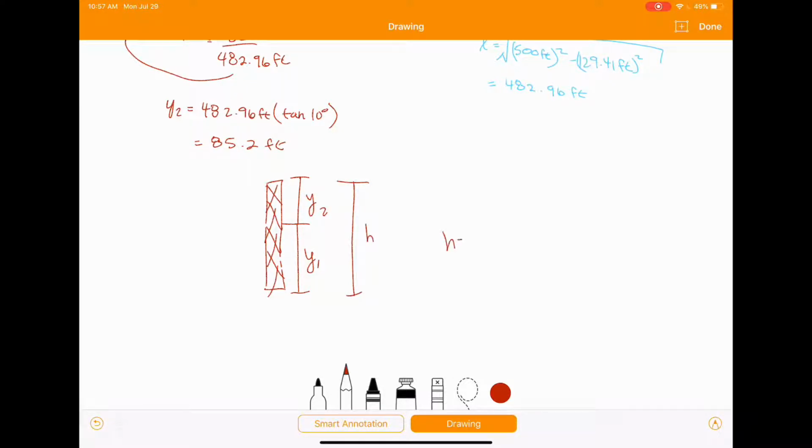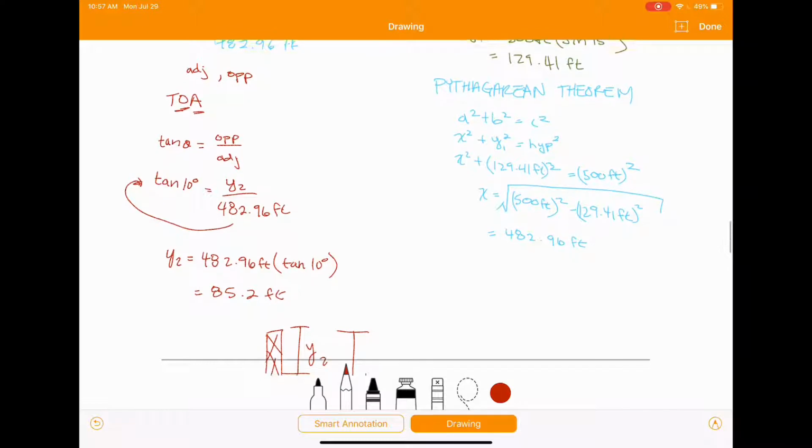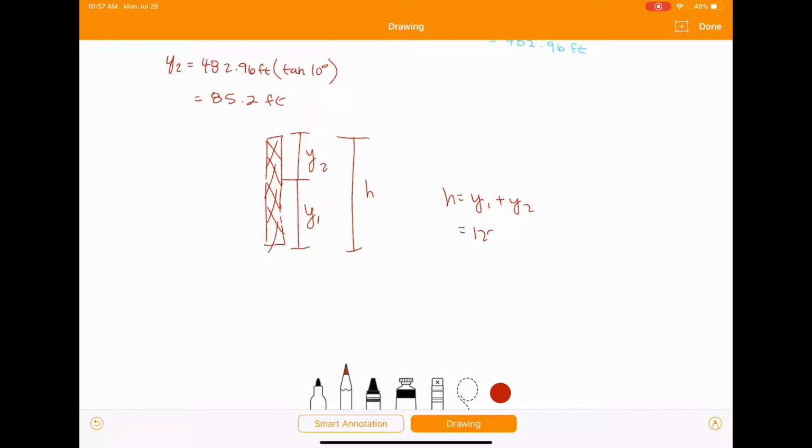So our total height is going to equal y1 plus y2, which is equal to 129.41 feet plus 85.2 feet. Plug that into your calculator, and you're going to get that the total height of our tower is 214.6 feet.